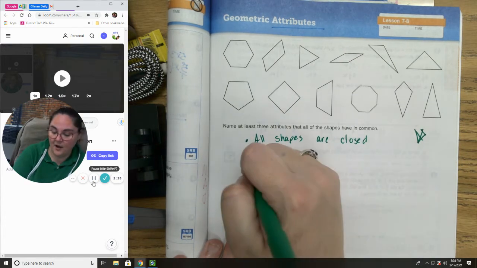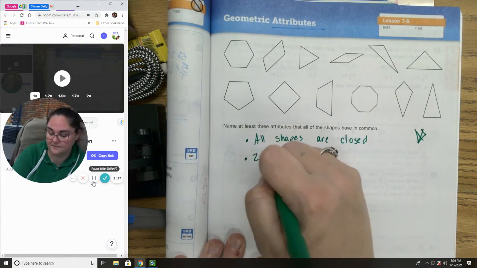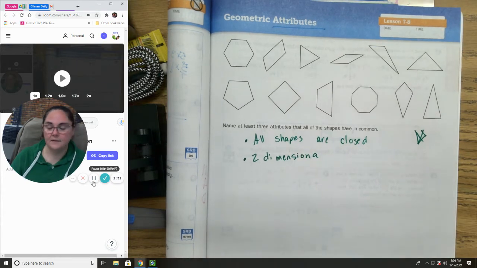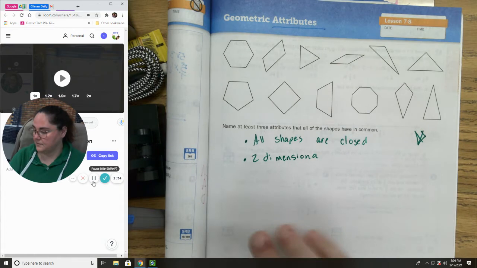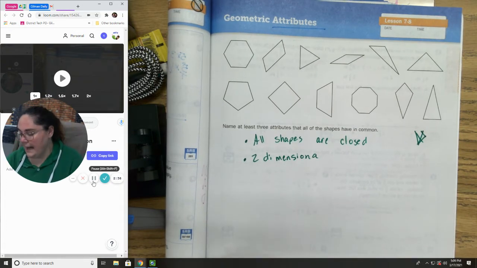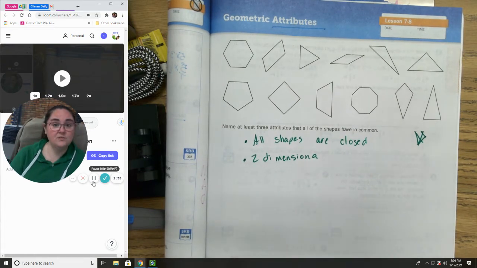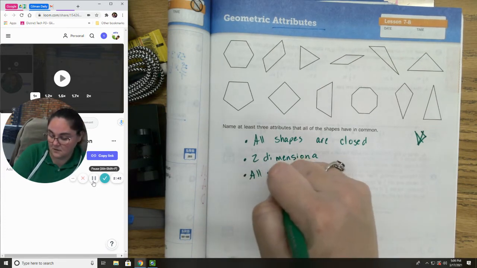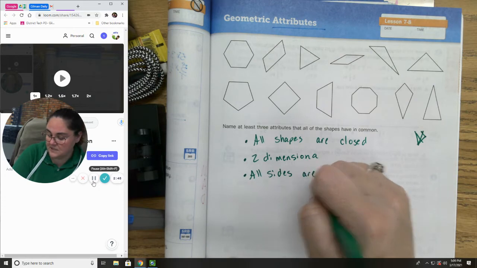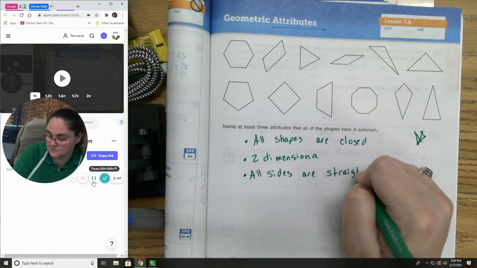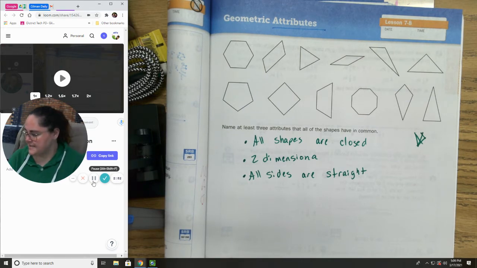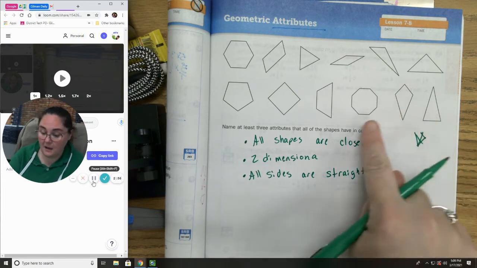Maybe you said they all are 2-dimensional. All of them are flat, right? I don't see any circles, so all sides are straight. Let me see.